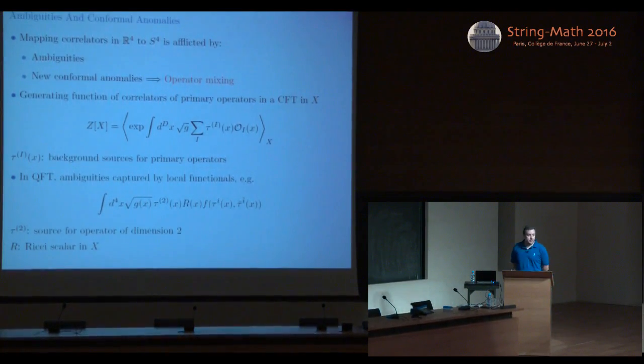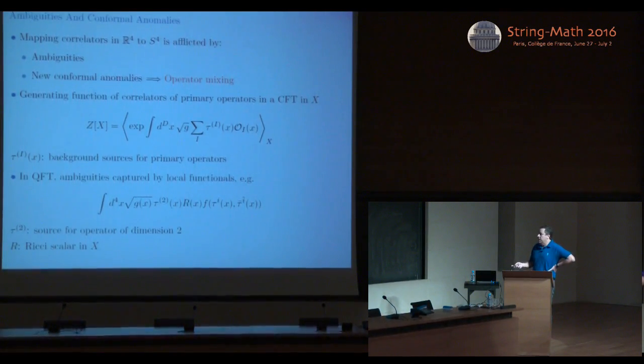Now let's look at a particular local functional that will be relevant for us. These arise when the operators have very special dimensions, what we call resonant dimensions, like integer dimensions, essentially, which is precisely when you can have conformal anomalies. So let's look at a particular local functional that you're allowed to add to your path integral, or to your definition of the connected generator of correlation functions.